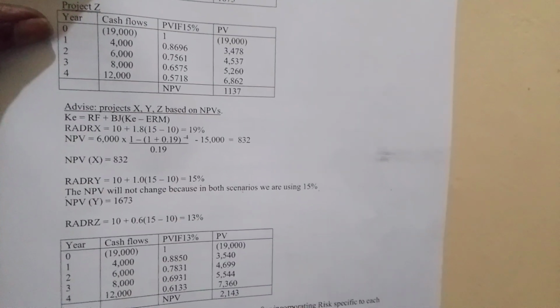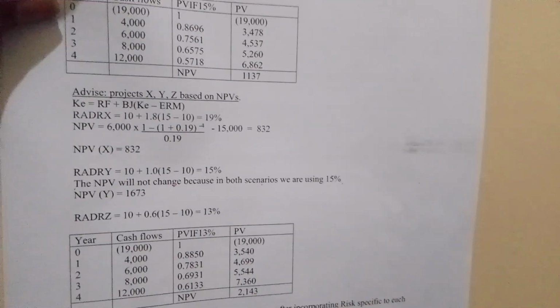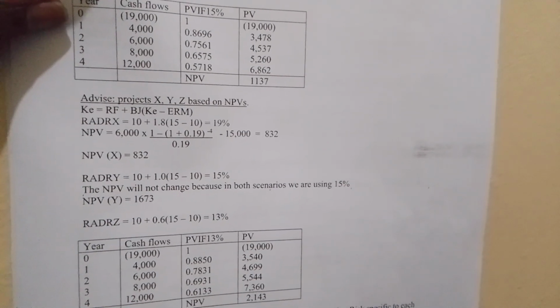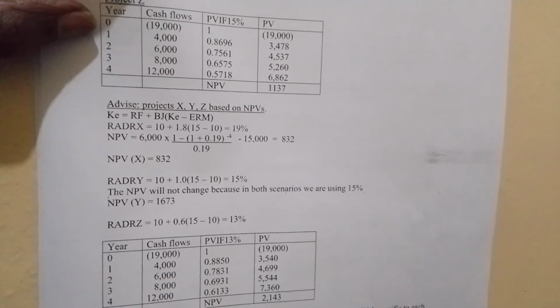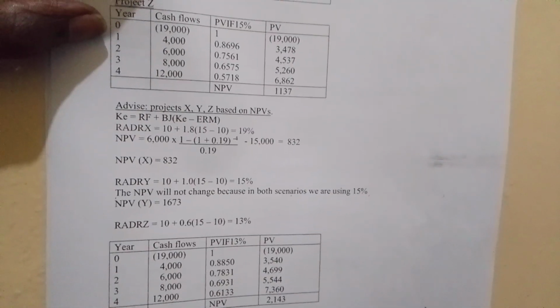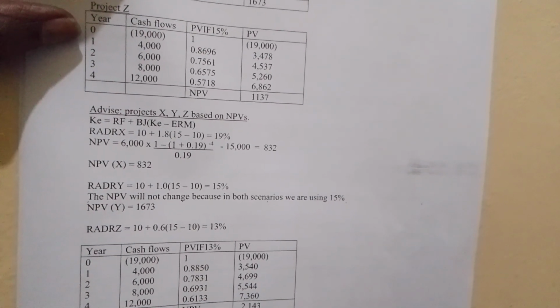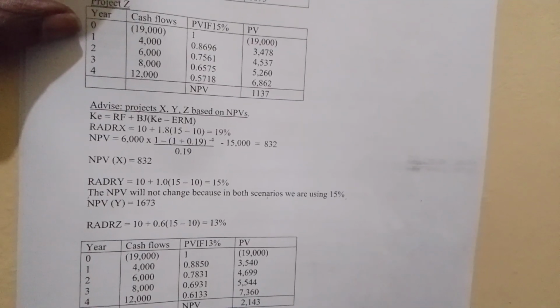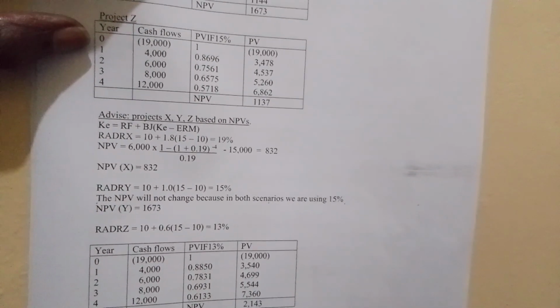Now instead of using 15% here, let's just use CAPM. You take the risk-free rate, which is 10, plus. Now here, what changes is the beta factor.